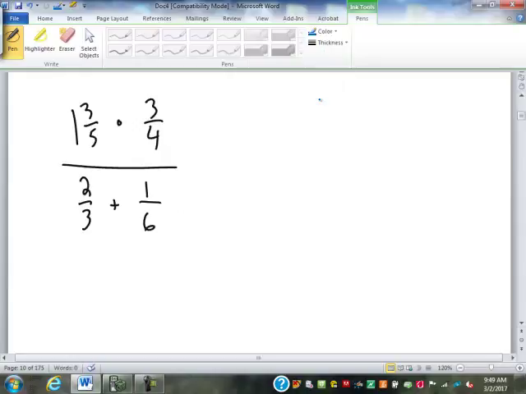This is simply an order of operations problem. And all it's asking us to do is to follow the order of operations. This is a fraction bar, and it is telling us to divide. But before we divide, what do we have to do? We have to do what's on top.